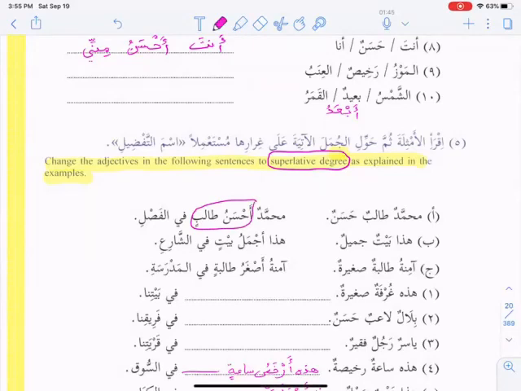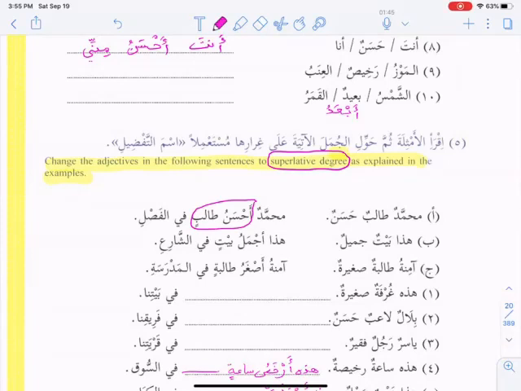See, superlative again. Ahsanu comes followed by a singular noun, which is majroor. Ahsanu mudaf, mudaf ilayhi. Muhammadun mubtada, ahsanu khabar wa huwa mudaf. Talibin mudaf ilayhi fil fasli jar majroor. That's it. Haza baytun jamilun. Haza ajmalu baytin fi shari.